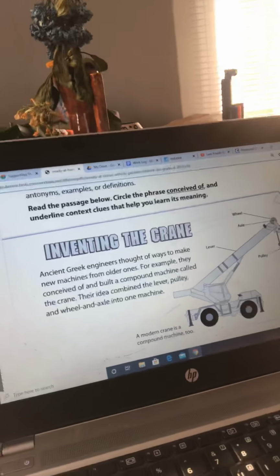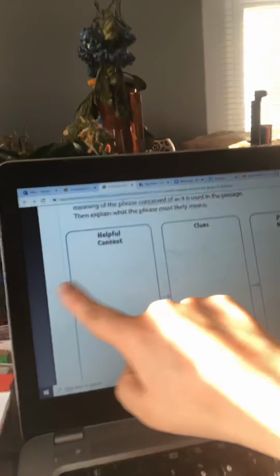What in here says something like that? Actually, wait. So for helpful context, we'll put what it's about. So we'll put inventing the crane. So write that down. Just pause it, write it down, and then start it up again.